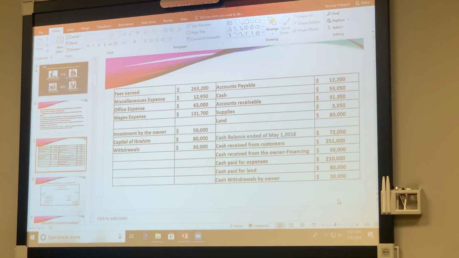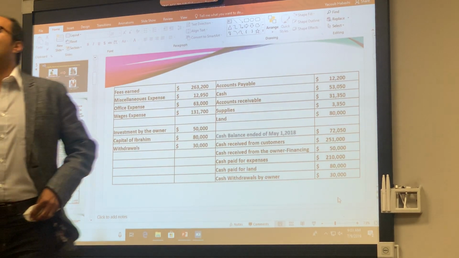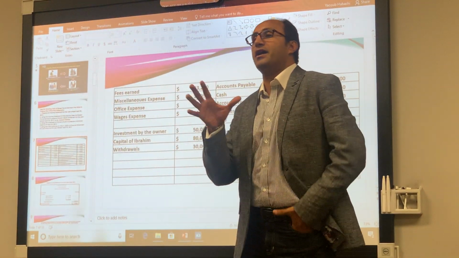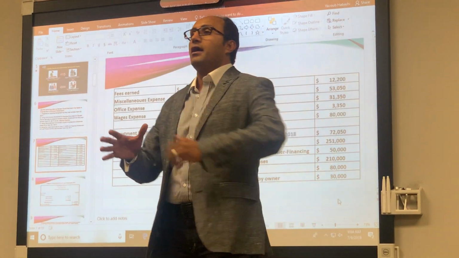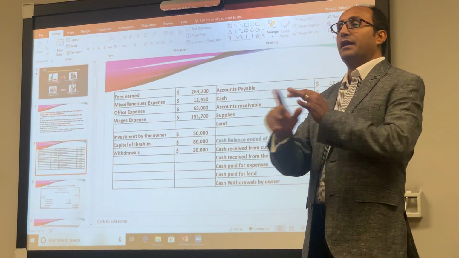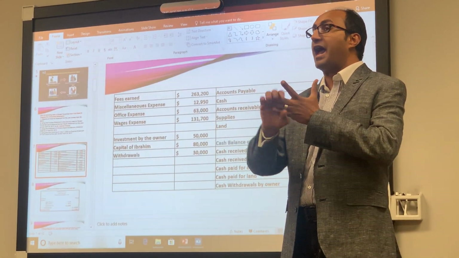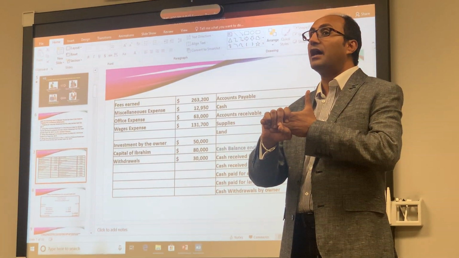He's gaining cash and assets. Because owner's equity relies on or cares about investment, capital, income statement, net income, and what?